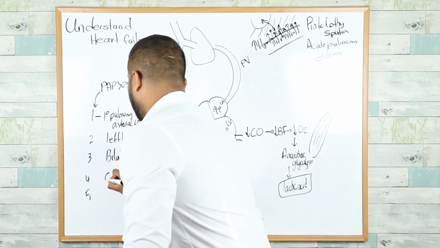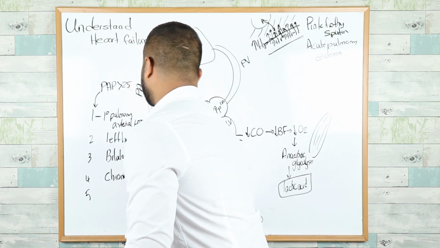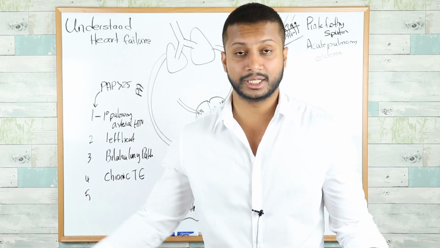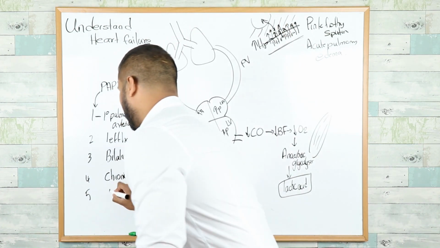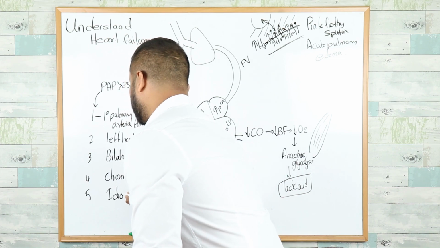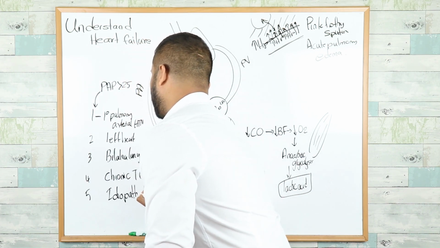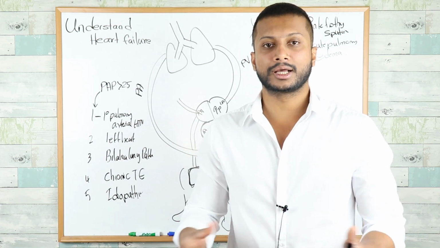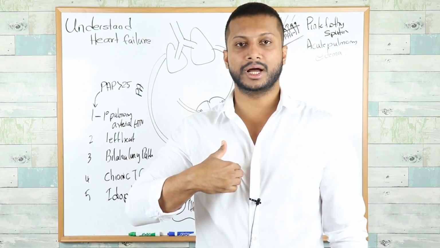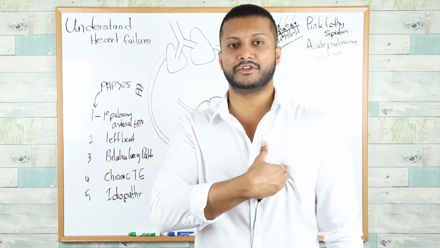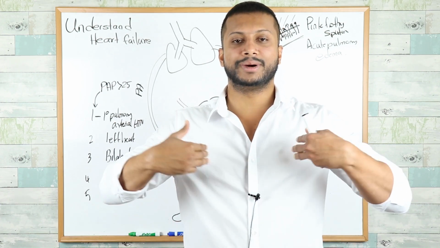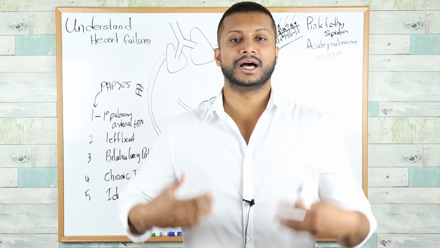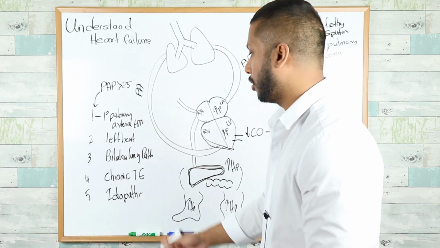So chronic thromboembolism is class 4, and class 5, like every other thing, is idiopathic. It's unknown. All other causes come here. So this is how you're going to remember your pulmonary artery hypertension classes. Class 1 is primary pulmonary arterial hypertension. Class 2 is left ventricle, left heart. Class 3 is bilateral lungs. Class 4 is thromboembolism. Class 5 is unknown, or idiopathic.